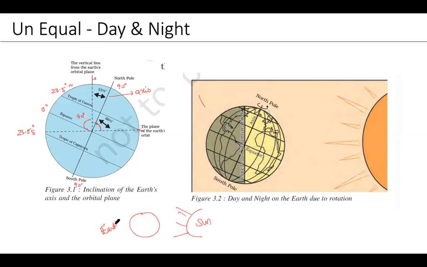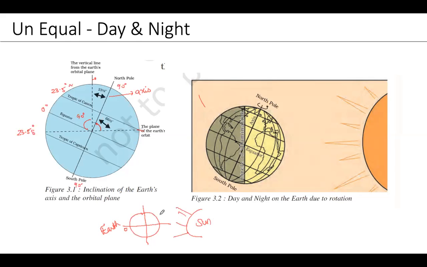So if the earth is not tilted, we will consider this one. This is the equator. The sun's rays will fall directly on the equator.